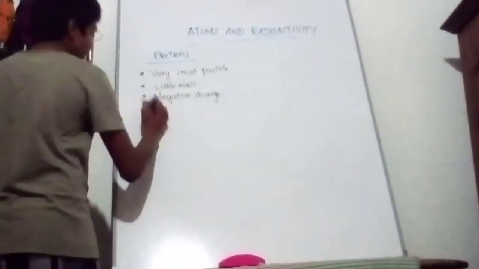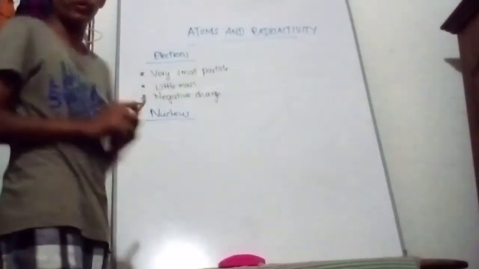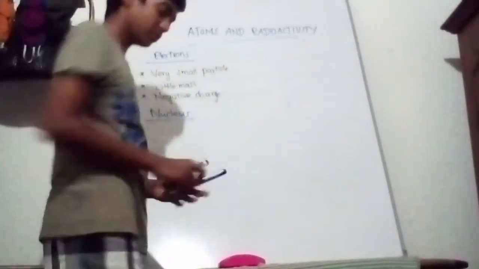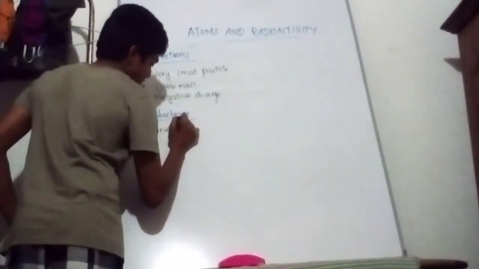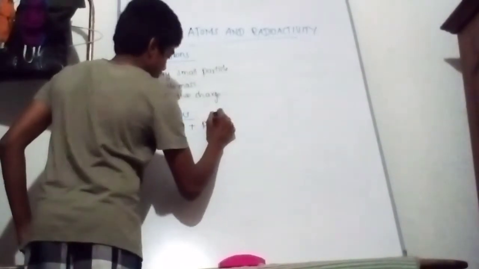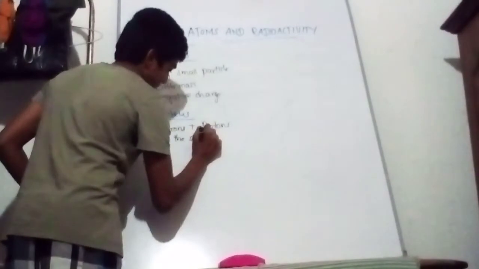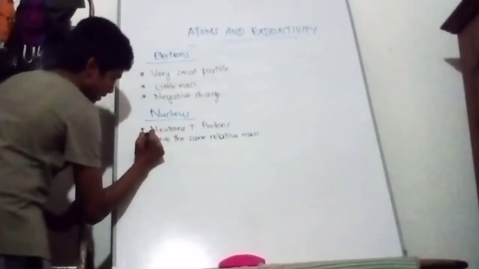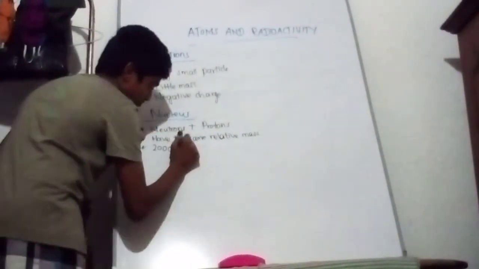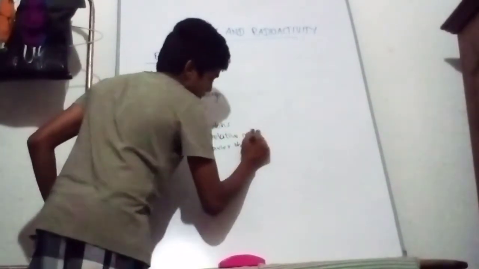Now let's go for the nucleus. Not neutrons, but the nucleus, which contains protons and neutrons both. Neutrons plus protons makes the nucleus, and it has a relative mass 2000 times heavier than electrons.